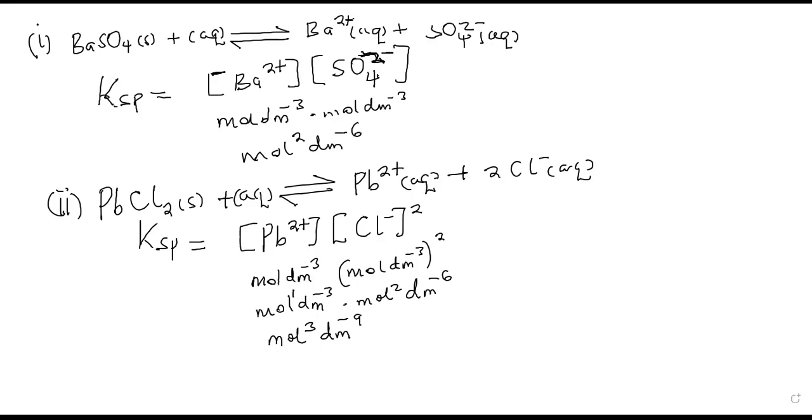And then silver ethane dioate. How do you treat silver ethane dioate? Silver ethane dioate is the same as silver oxalate. So you write silver and oxalate. Oxalate is C2O4, but oxalate has valence 2, while silver has valence 1. So this is silver ethane dioate or silver oxalate. It dissolves in water and establishes equilibrium.